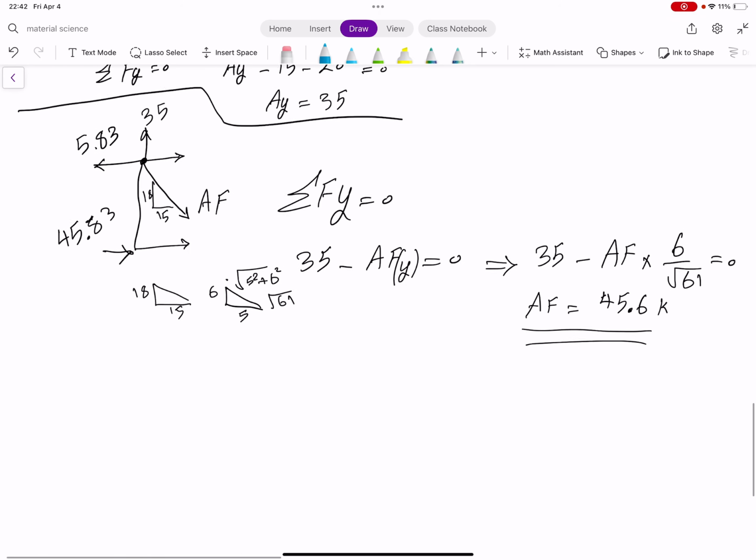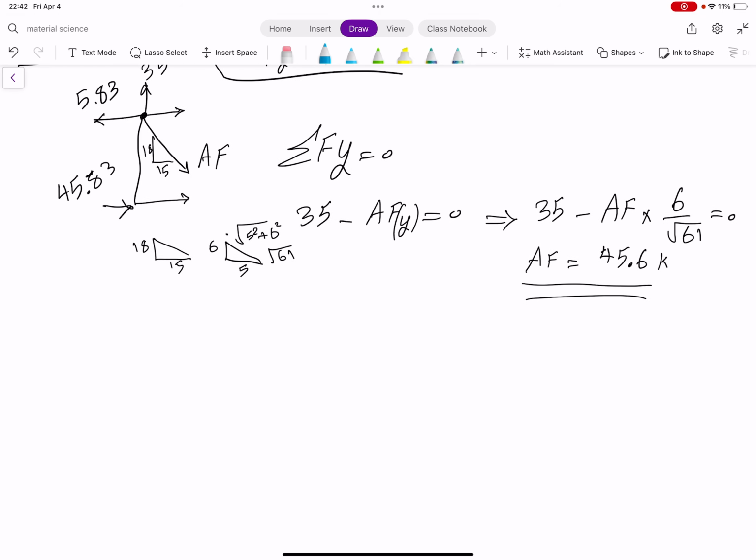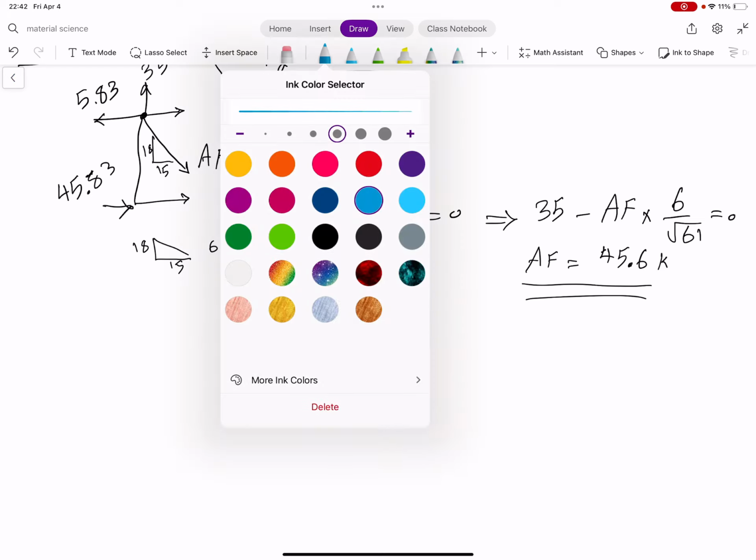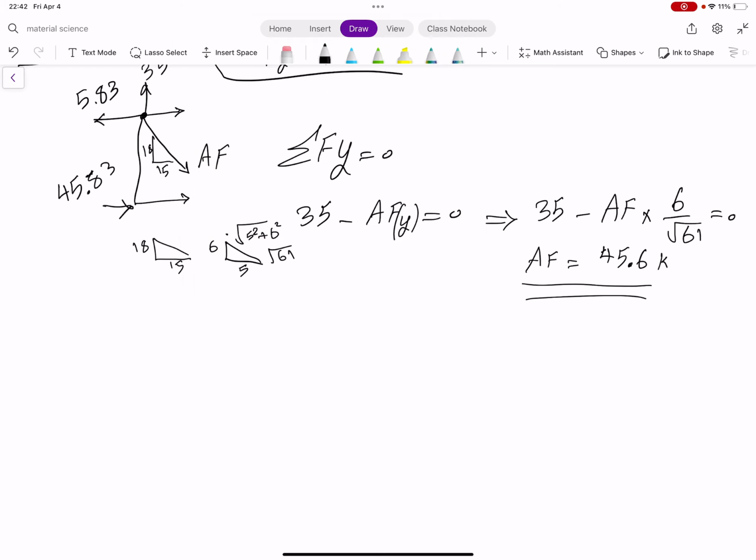Okay. So let's plot the free body diagram. As I said before, draw the free body diagram for each section. So here, I draw those forces. This is member CD, and this is H. This is G, and this one B. But I'm not gonna draw all of them.